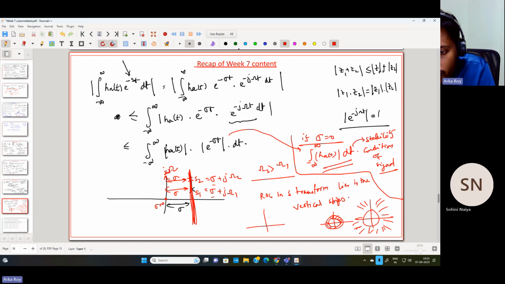In case of Z transform, if the ROC encloses the unit circle, we could say that the signal is stable. So by analogy, the unit circle reduces to the j omega axis in case of Laplace transform.